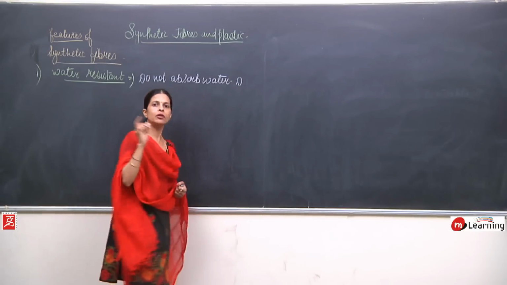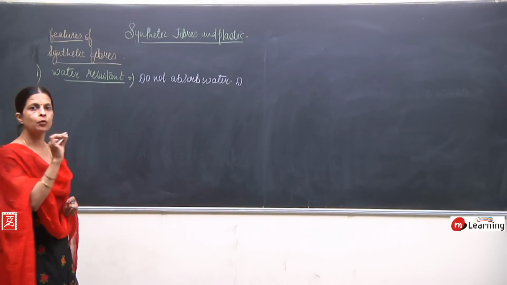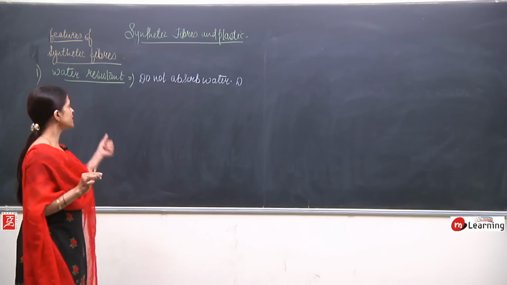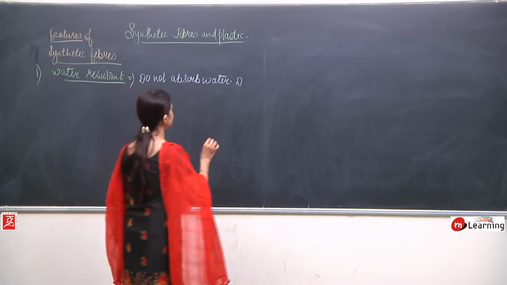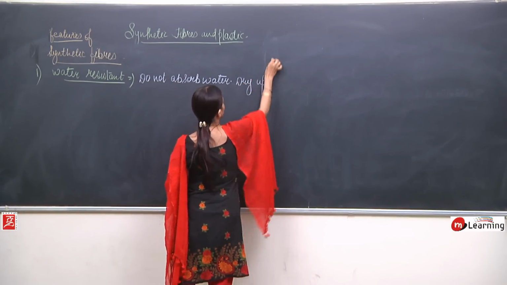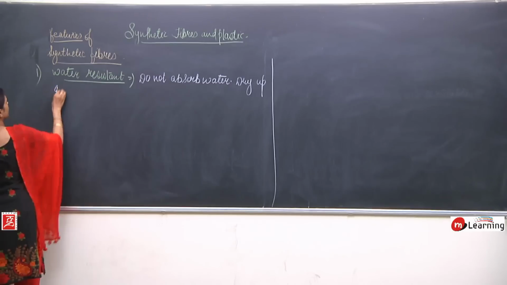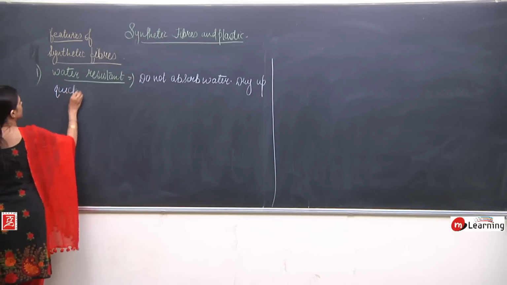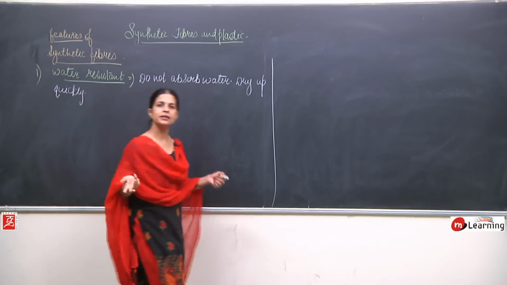See, remember, I am not writing the complete sentences, I am just writing a few keywords and framing a small sentence. So, will dry up quickly. It will dry up quickly, that means the water will be evaporated soon.